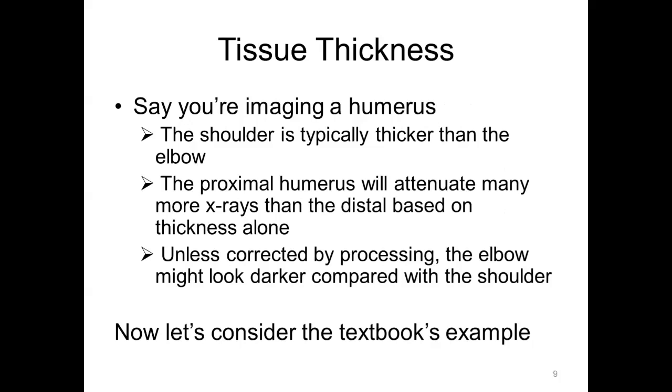But if you look at the raw image, just what the image receptor receives, your shoulder is probably going to be brighter than the elbow. In fact, the elbow, unprocessed, may be very dark. That distal end is just not as thick, so it's not going to attenuate as much. You're going to get more hits on your image receptor on the distal end.